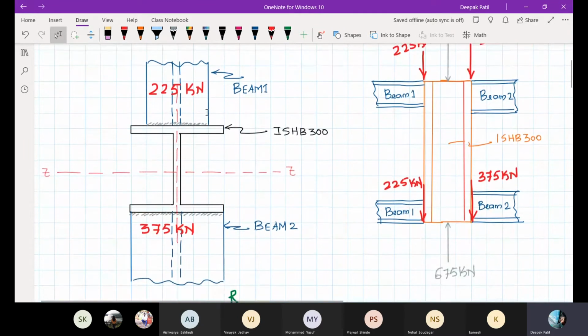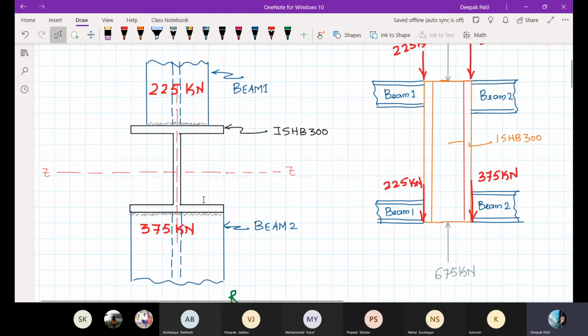Okay, let us first understand how the column arrangement is. This is the column. I'm showing you the top view, the plan view, at the top portion of the column. To this column, two beams are getting connected. You can only see the flange of the beam, and these dotted lines are actually the web of the beam.